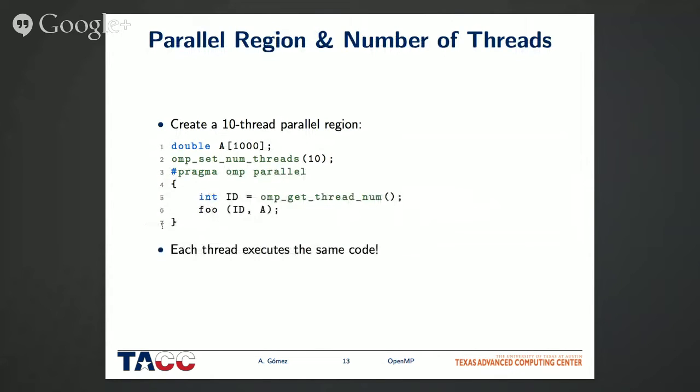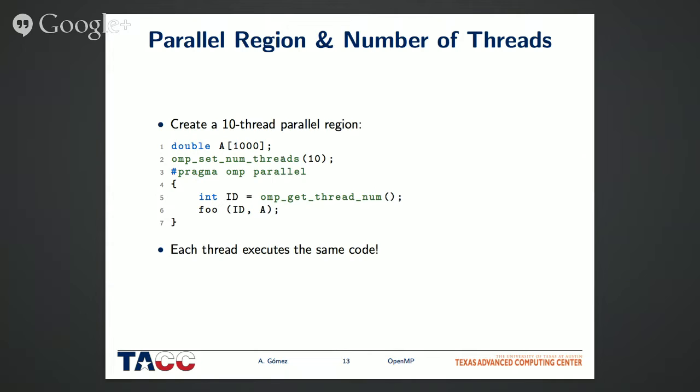For example, this is C code that shows how to create a 10-thread parallel region. We just define an array here of 1,000 doubles. We specify that we are going to create 10 threads with OMP set num threads.